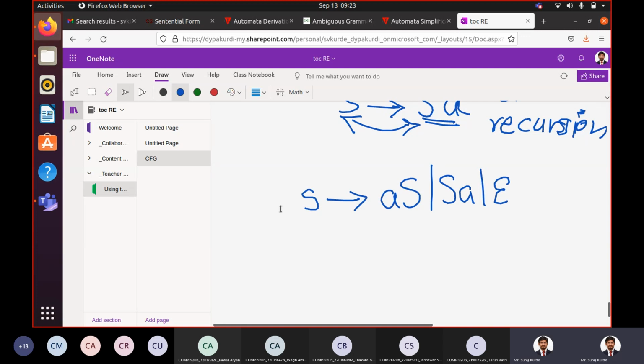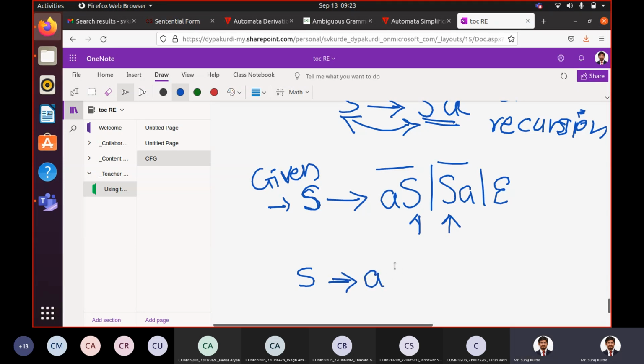This is the given grammar where S is the start symbol and it produces epsilon, AS or SA. In this case, I have to remove this part. Now what will S produce? Find out what S produces.